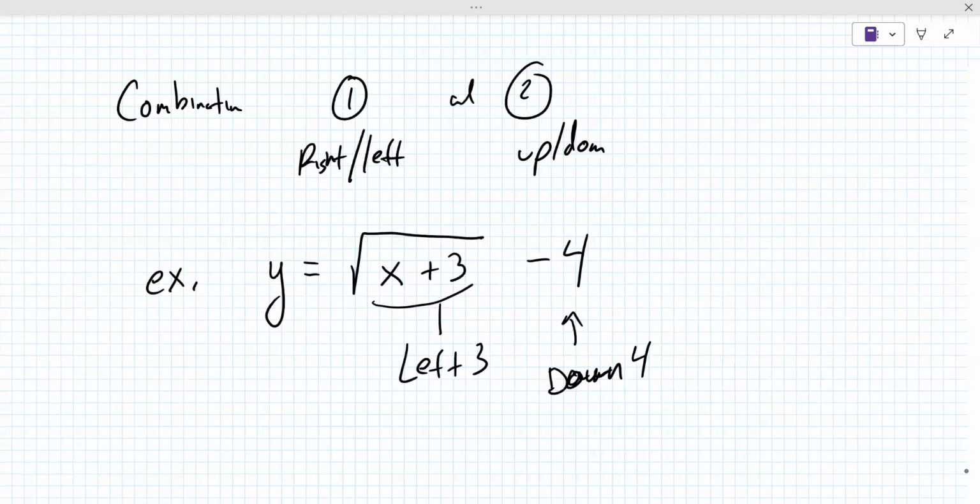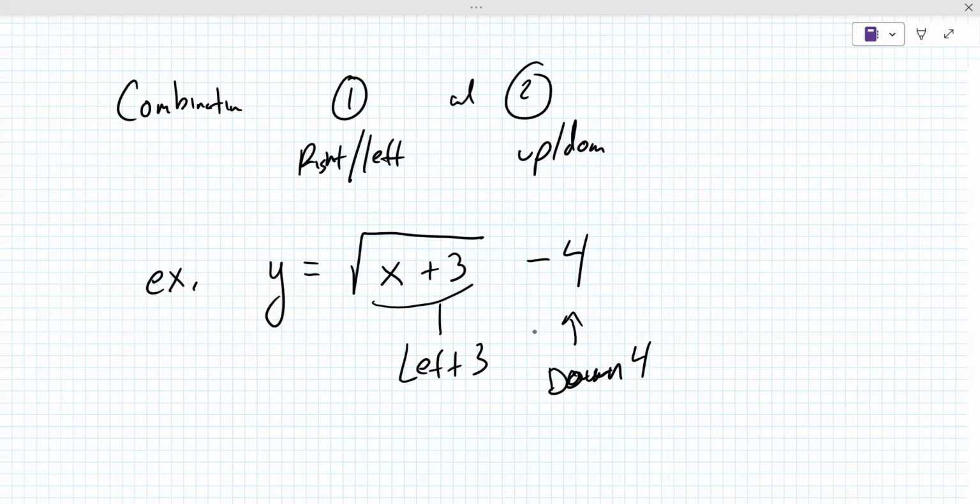So the left 3 is the part that's inside the parent function. It's the part most closely associated with the parent function, left or right. The down 4 is outside of it. All right, I got it now.